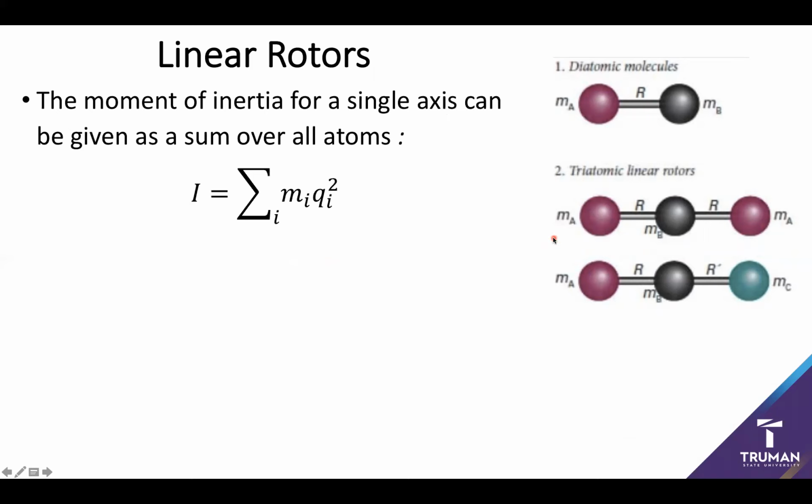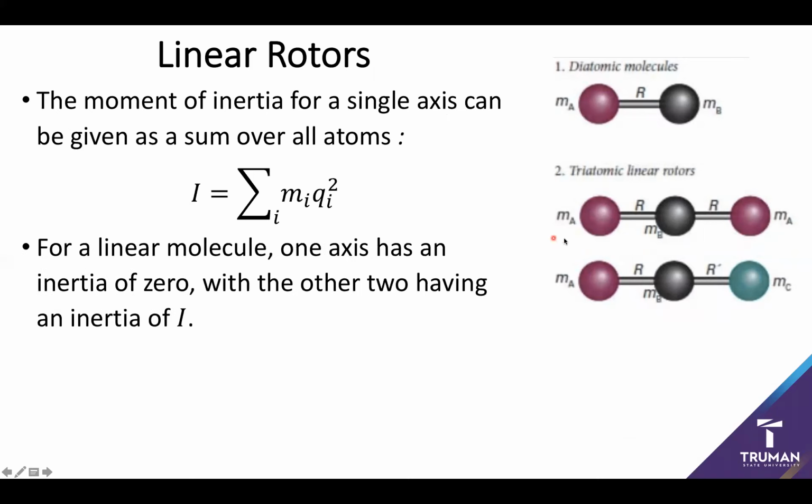In truth, what I'm going to have is one axis where the moment of inertia is 0. So you can imagine rotation about the bond. Every atom exists on the axis, so its moment of inertia is going to be 0. And because its moment of inertia is 0, so will its energy. This means I only have two moments of inertia I actually care about.